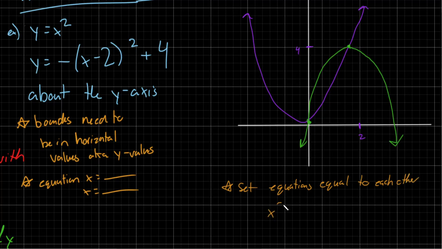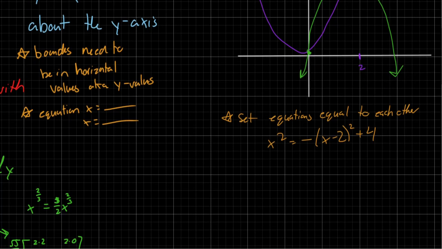So x squared equals negative x minus 2 squared plus 4. Okay. JJ, what should I do first? If I square root both sides, that's not making it pretty on this side, right?